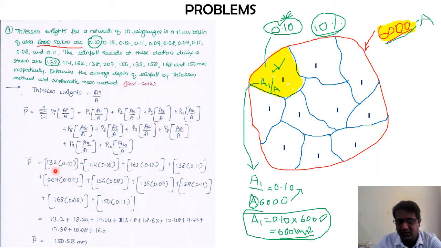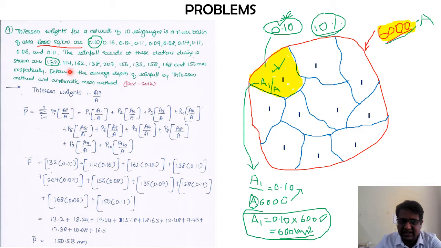So right now, directly I have written P1 as 132 multiplied by A1 by A, which is 0.1, plus 114, the second rainfall data collected, into 0.16, the A2 by A value.